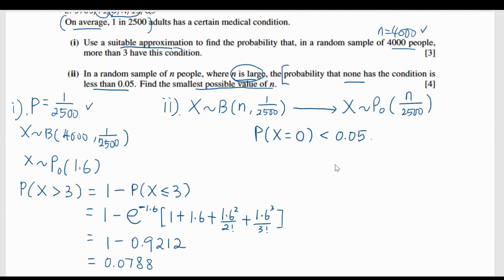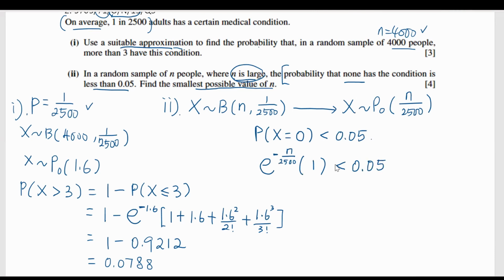So now we use the Poisson distribution formula, which is e to the power of negative the mean, times 1, and then less than 0.05.